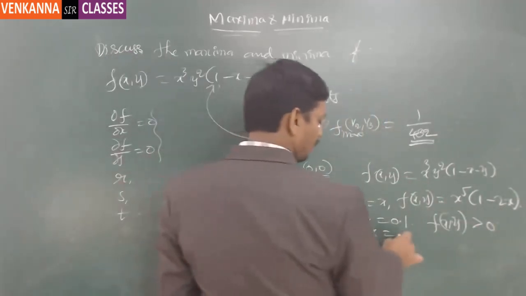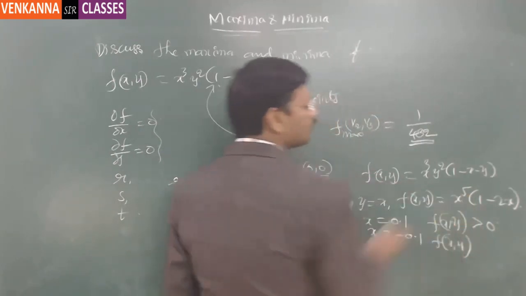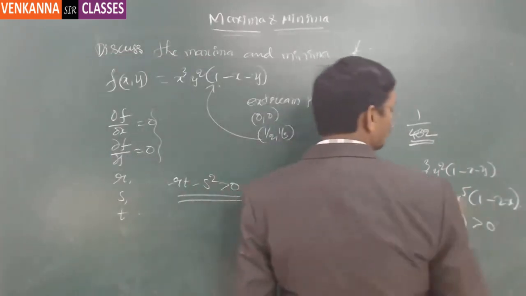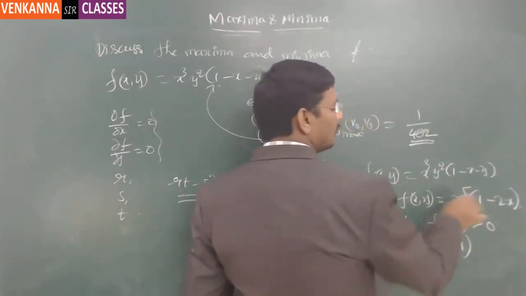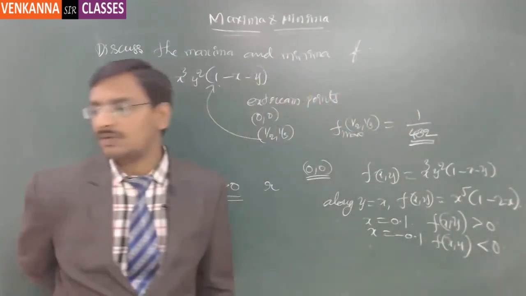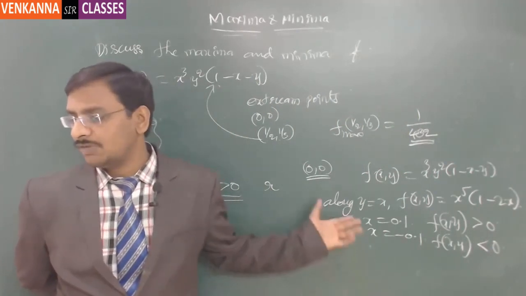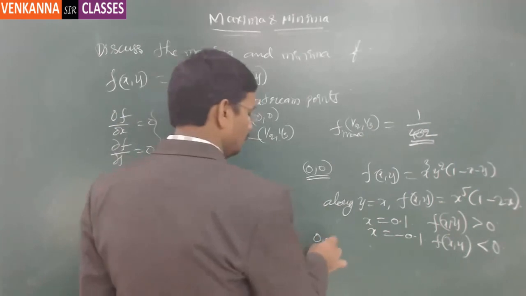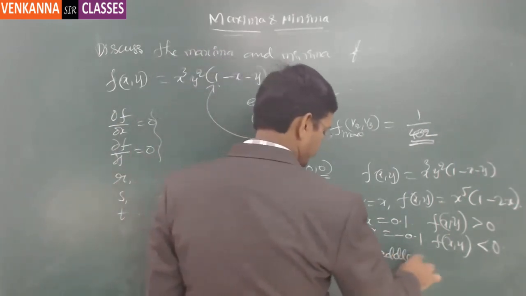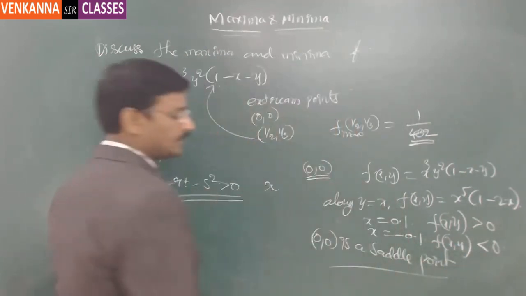If x is equal to minus 0.1, then minus 0.1 whole power 5 will be a negative value, and then 1 minus 2 times minus 0.1 is a positive value. The product of these two will be a negative value. So one value is positive and another value is negative. If that is the case, it will be definitely a saddle point. So 0, 0 is a saddle point. Neither maximum nor minimum there.